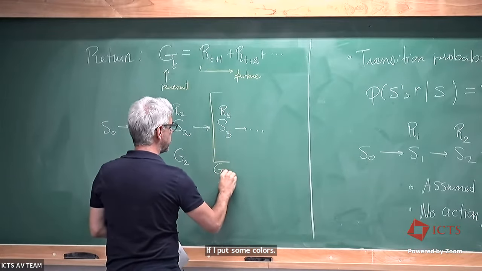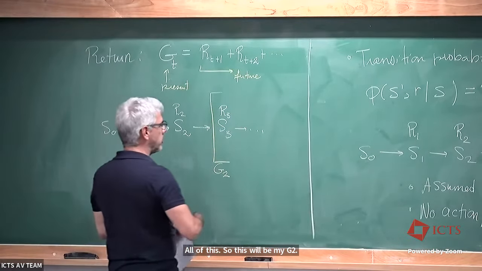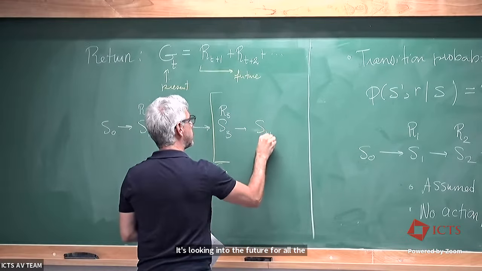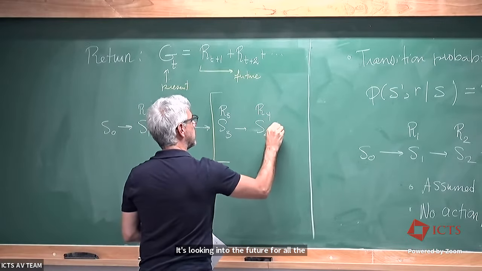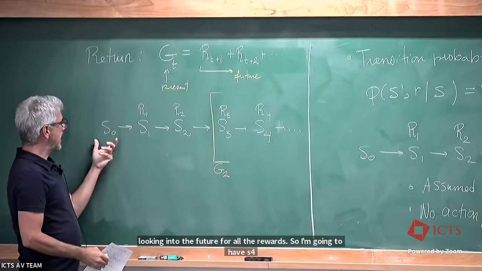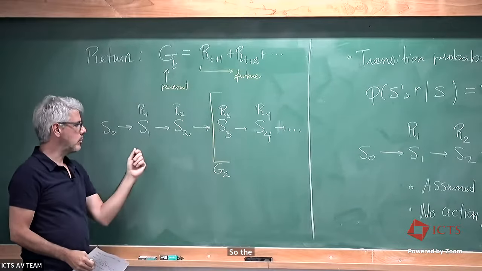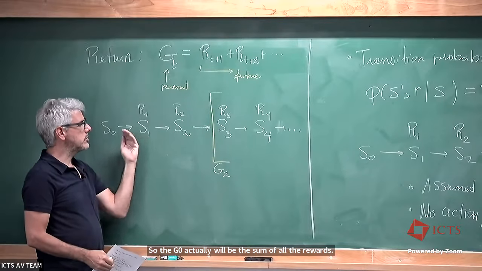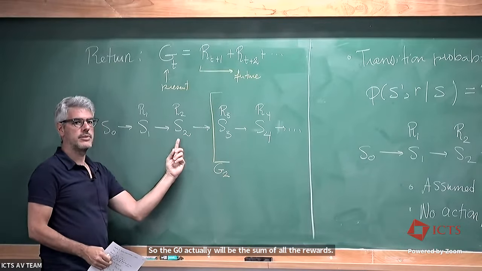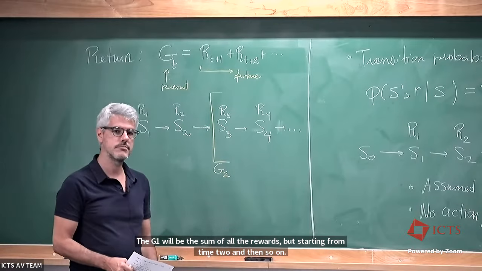So this will be my G2. It's looking into the future for all the rewards. So I'm going to have S4, R4, and then so on. So the G0 actually will be the sum of all the rewards. The G1 will be the sum of all the rewards, but starting from time 2 and then so on. Okay, you see, so it's the sum of all the rewards in the future.